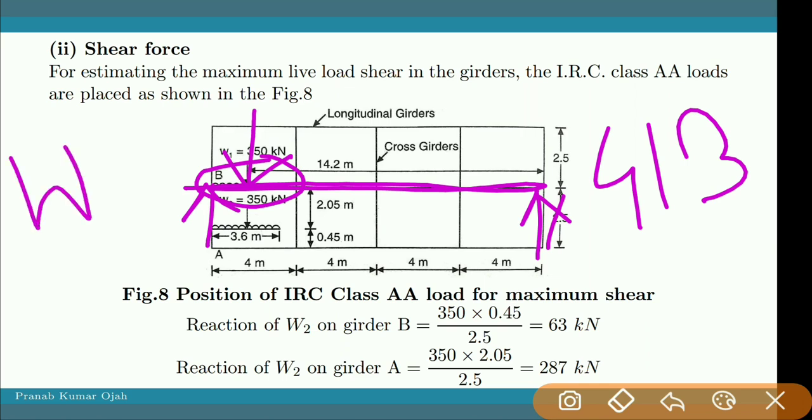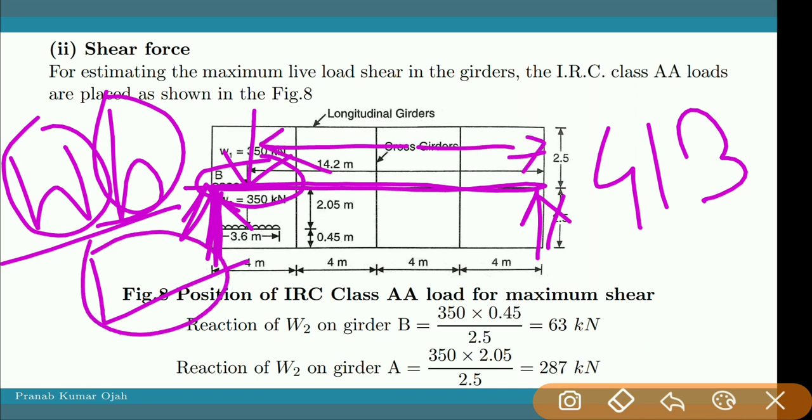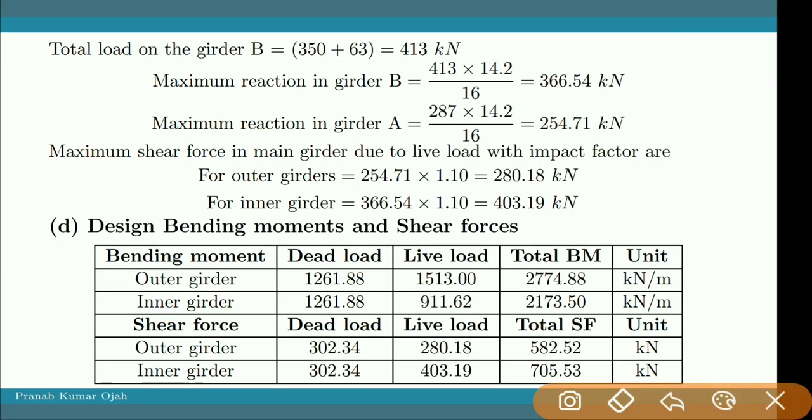So it will be W into B by L. Here W will be 413, and if I calculate the reaction at this point, B will be 14.2, L is the total length 16, so it comes out as 366.54 kilonewton. Similarly, for the girder A, it comes out as 254.71 kilonewton.